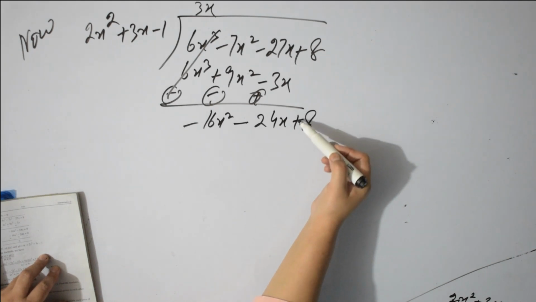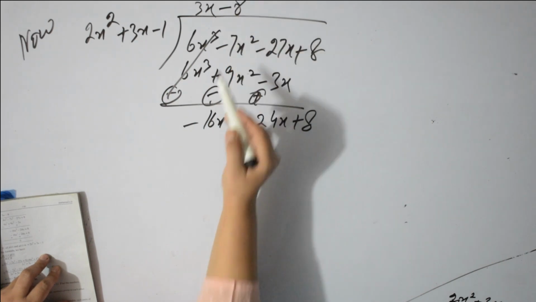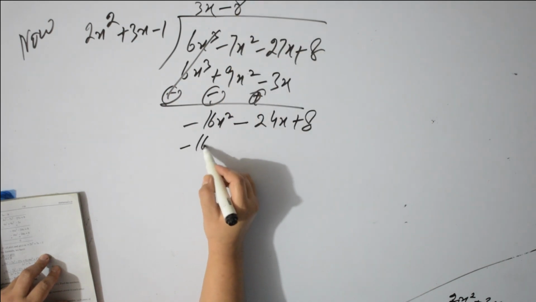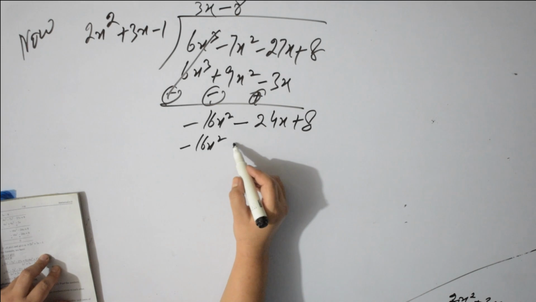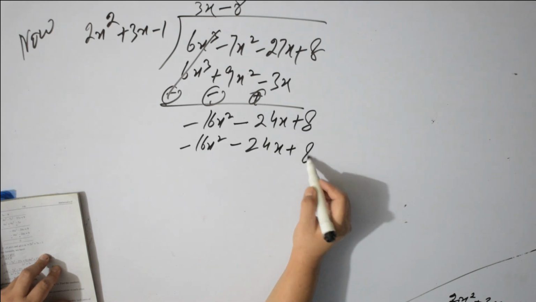I just bring this down, right. So minus 2 8 times 16x square minus plus minus 2 8 is 24 and minus minus plus 8.